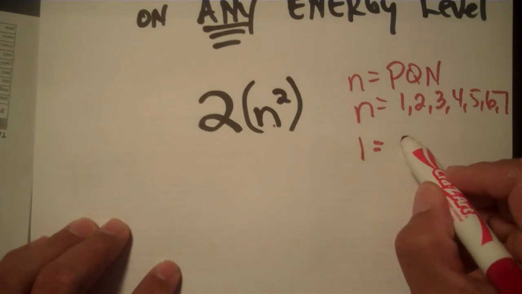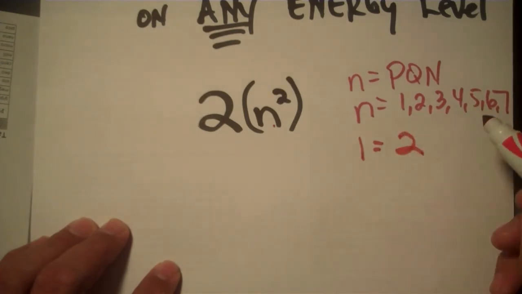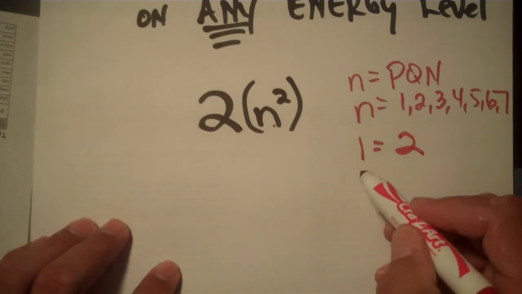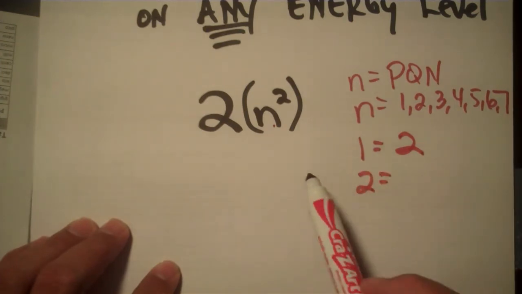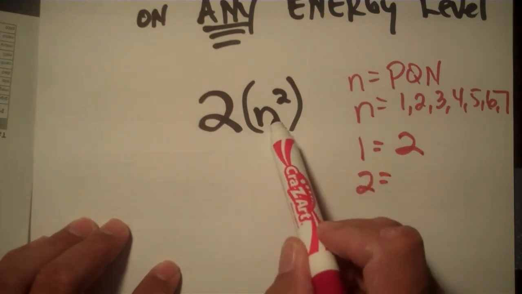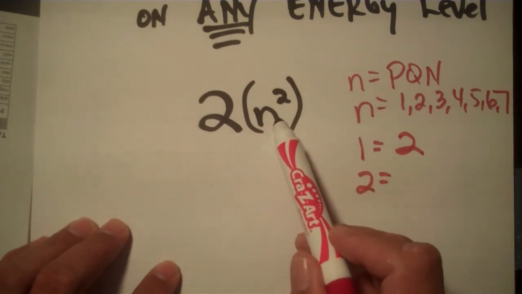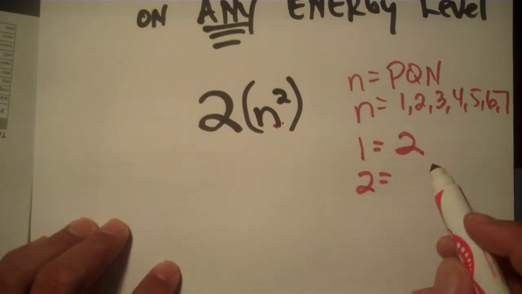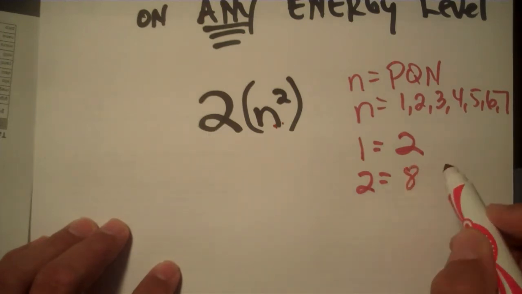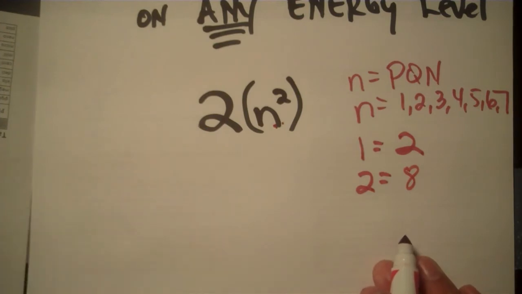So the maximum number of electrons would be 2. If we go to our second energy level, and we put a 2 in for n, 2 squared is 4, times 2 is 8. So the maximum number of electrons on the second energy level would be 8.